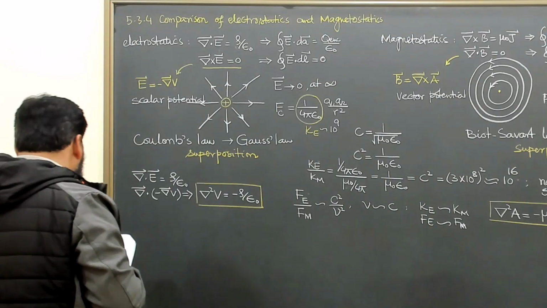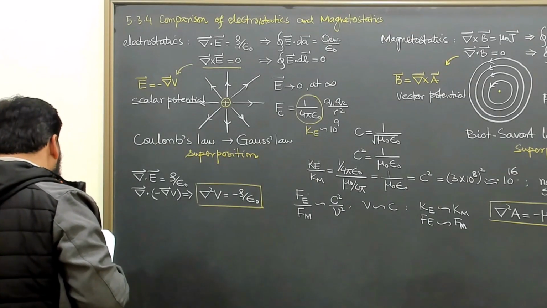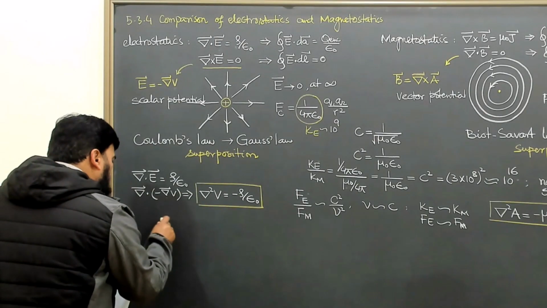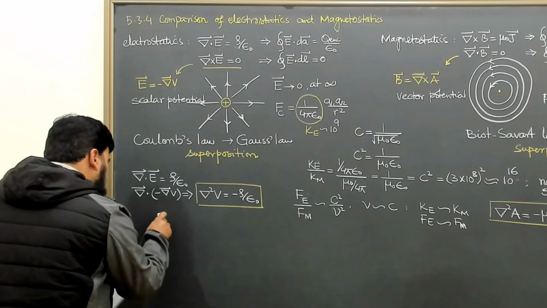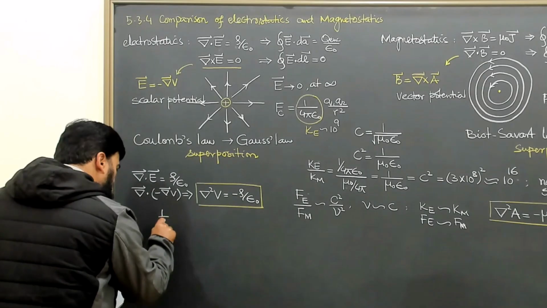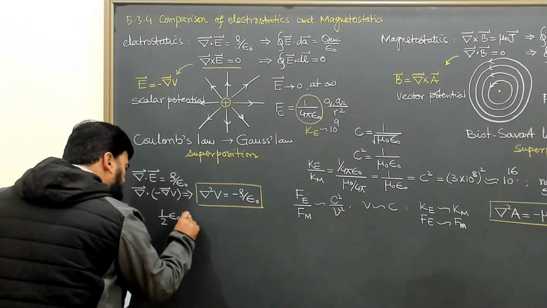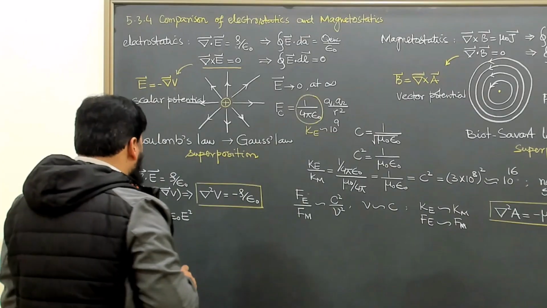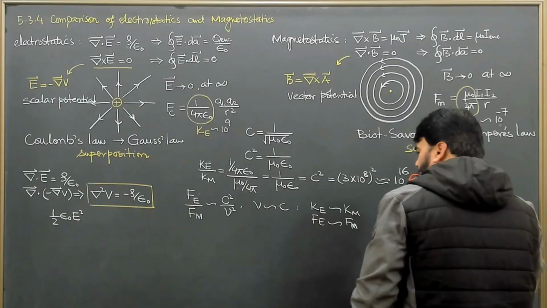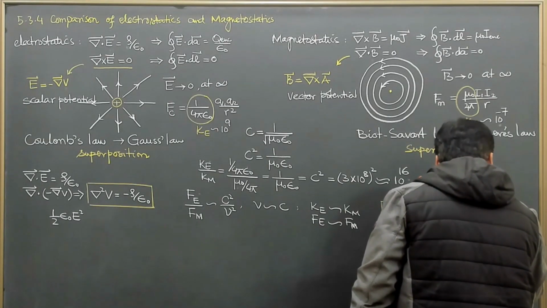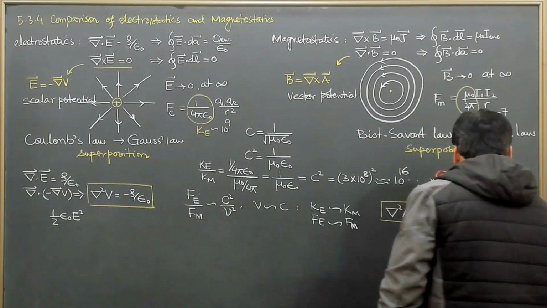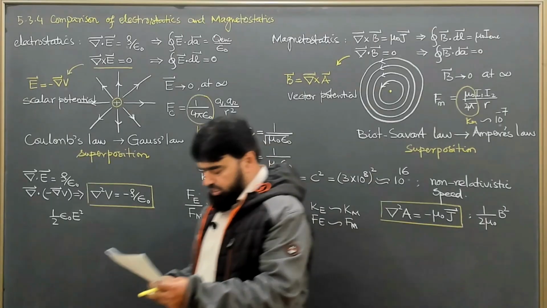And if we compare their energy densities, in the electric case the energy density is given by half epsilon naught E squared, and in the case of the magnetic field, the energy density is half, with 1 over mu naught, times B squared, the magnetic field intensity.